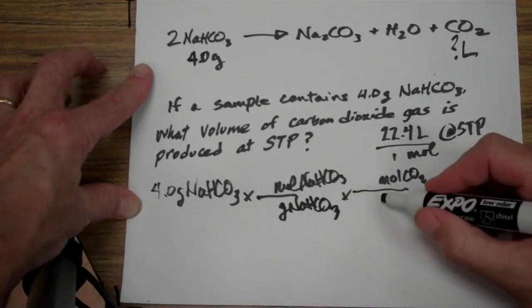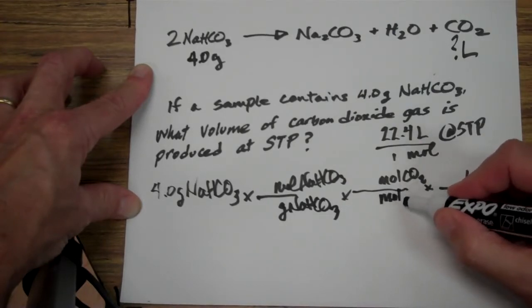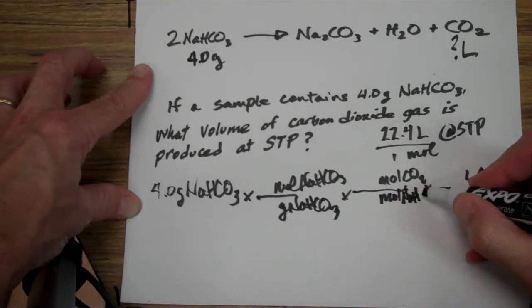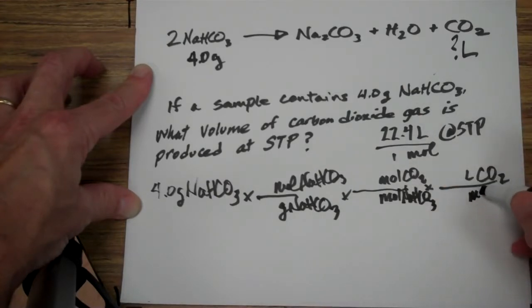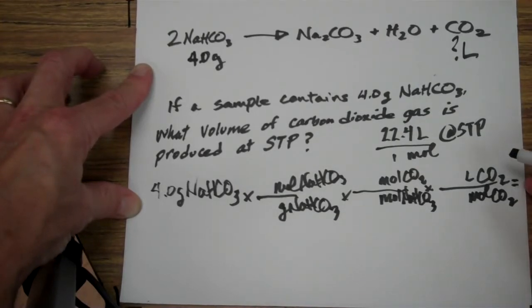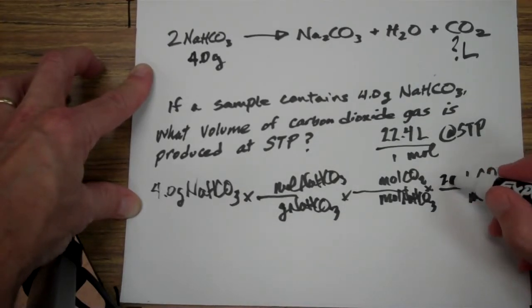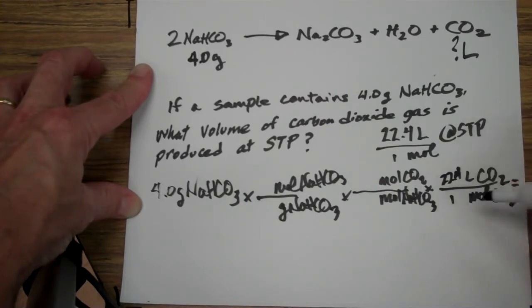Down here I'm going to cancel moles of sodium bicarbonate. And down here I'm going to cancel moles of CO2. Going back to my molar volume is 22.4 liters per mole. That's my equality for my finding liters of CO2.